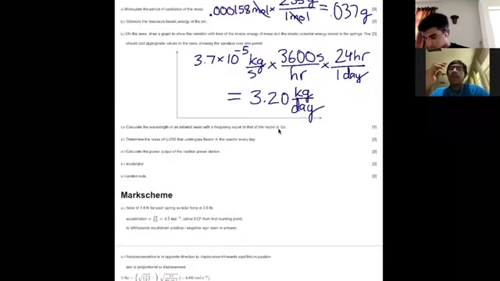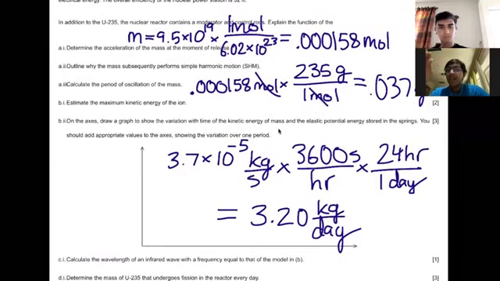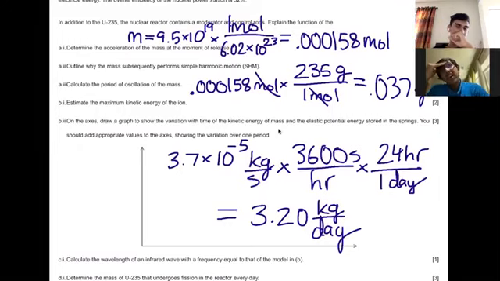Now, Ashwin, I think an easier way to do that, the last part is the same, but to get to kilograms, instead of converting from moles using Avogadro's number, you could use the number of fissions per second, convert that to number of fissions per day, and then find the mass of one uranium atom in kilograms.